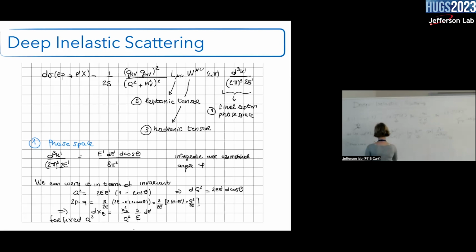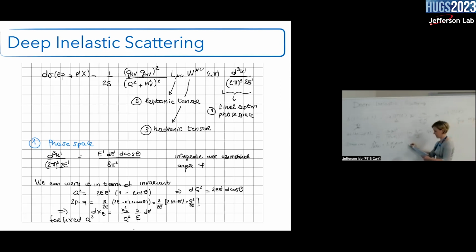When you write it, if you integrate over the azimuthal angle, this is E prime, dE prime, d cos theta. That's just a change of variable. Here you have to do a bit more manipulation. I did it explicitly in the slides, but I don't do it now because it's boring.